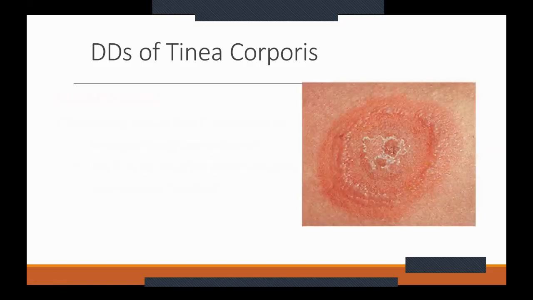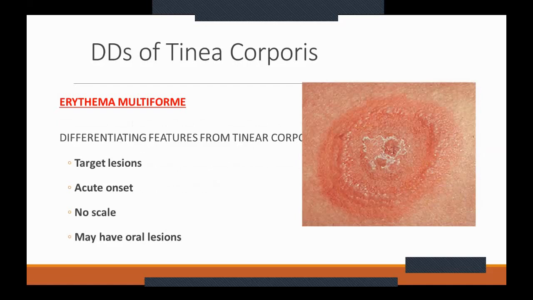This is a case of erythema multiforme. They present with targetoid lesions or bull's-eye lesions. Erythema multiforme is an allergic condition, and it might occur due to virus infection or some drugs, commonly NSAIDs, painkillers, antibiotics, then anti-epileptic drugs.